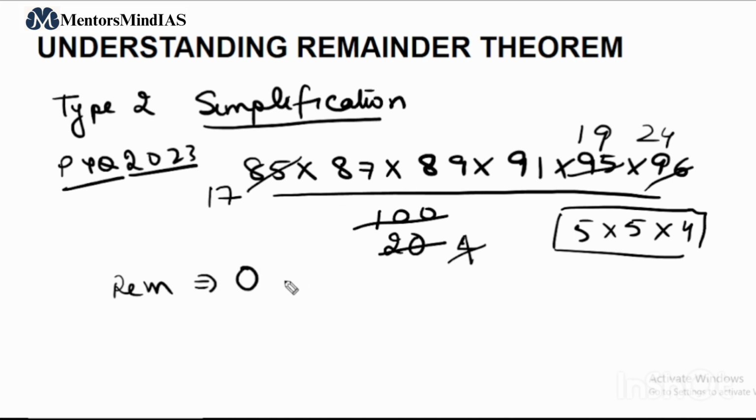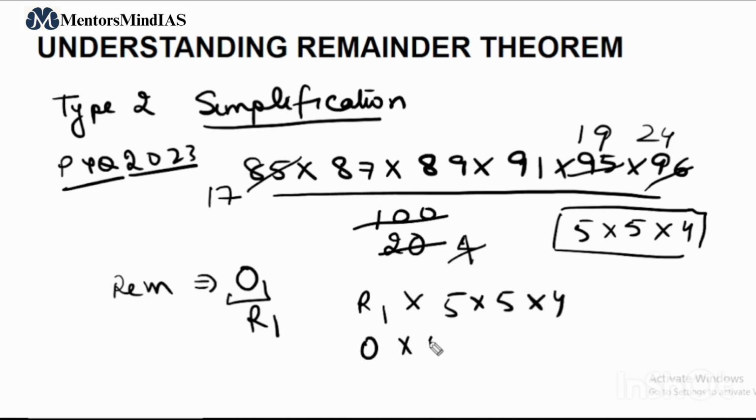Say it is R1. When you are simply doing simplification, whatever the remainder R1 is, it needs to be multiplied with those numbers with which you are simplifying the numerator and the denominator. Here it is R1 into 5 into 5 into 4, which is 0 into 5 into 5 into 4, which is equal to 0, which is your answer.